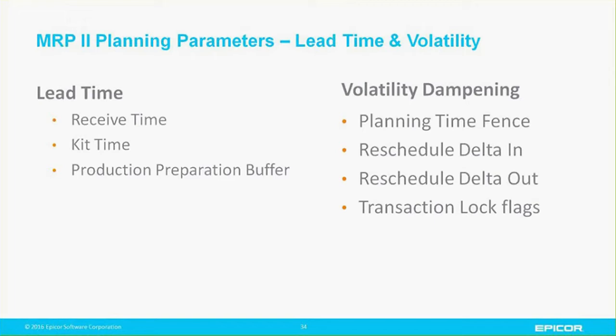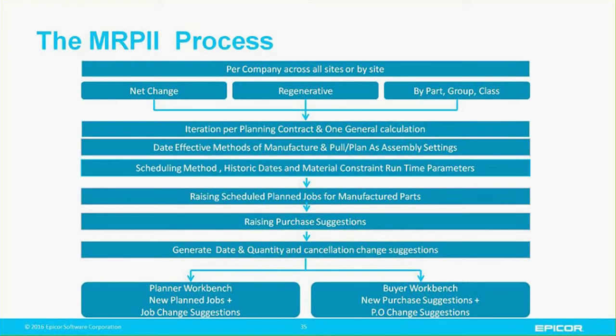The MRP II process can be run at either the company, i.e. all sites level, or at the single site level in one of three distinct modes. Regenerative MRP replans all the parts. Net change replans only those parts where there has been a change in stock or the supply-demand pattern or in the replenishment policy parameters since the last MRP run.